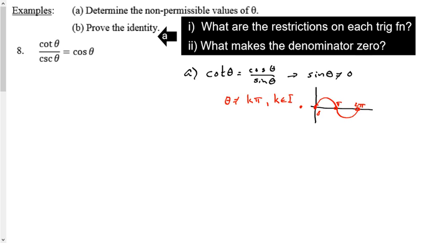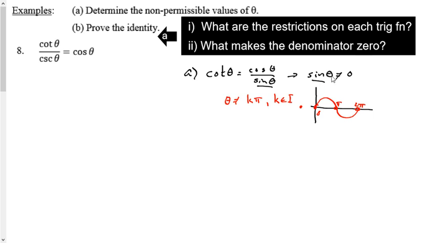So we began this question of finding non-permissible values for theta. What's in the black box there are the two questions we need to ask when we're looking for non-permissible values. The first question is, what are the restrictions on each trig function? So I started with cotangent theta, and I thought of it in terms of sine and cosine because that made it a little bit easier for my head, because then I could see I have this sine theta in the denominator.